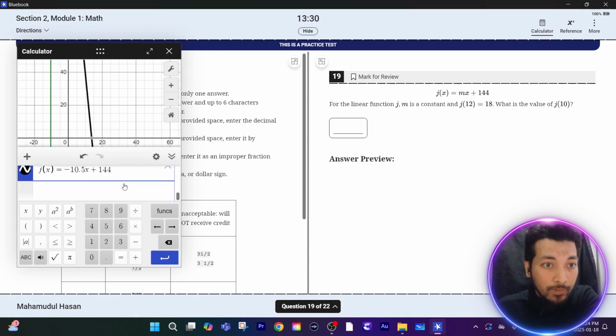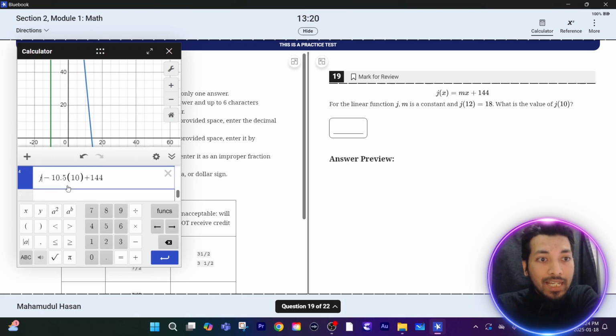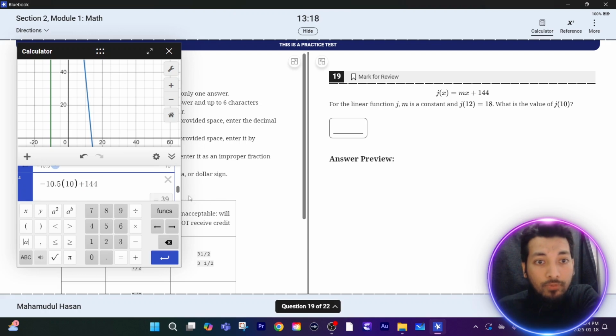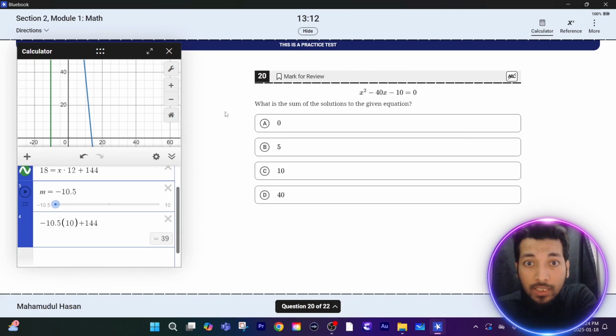That's the function. If we want to find j of 10, we basically evaluate this for 10. So negative 10.5 times 10 plus 144, the correct answer is 39. That's our answer. Perfect.